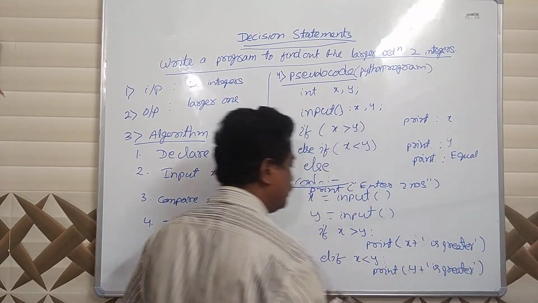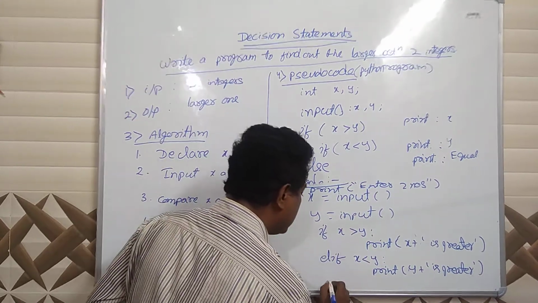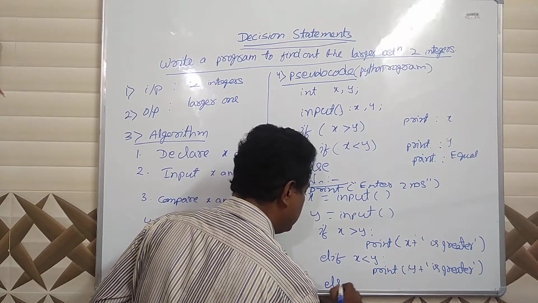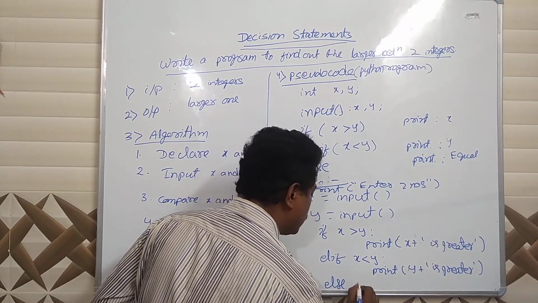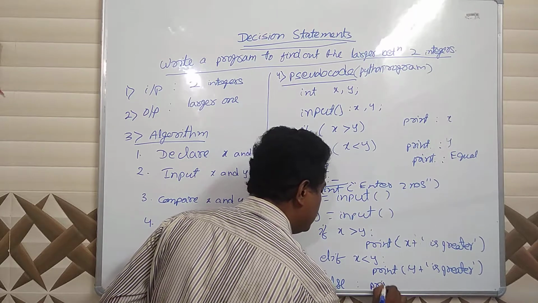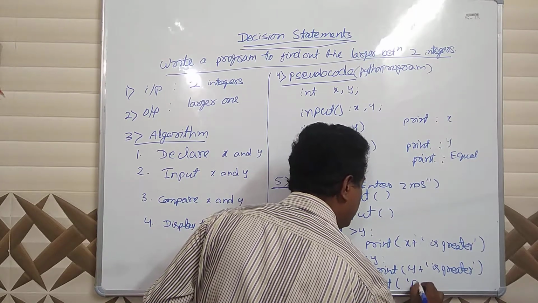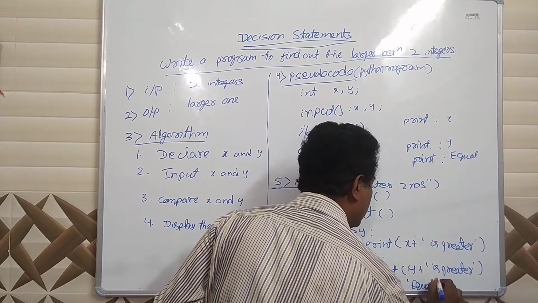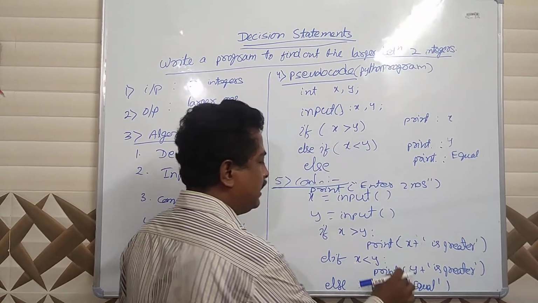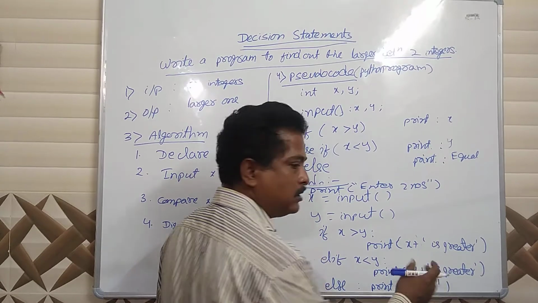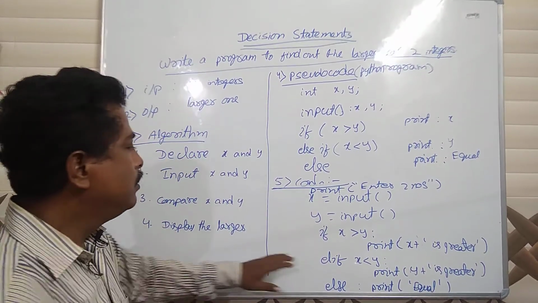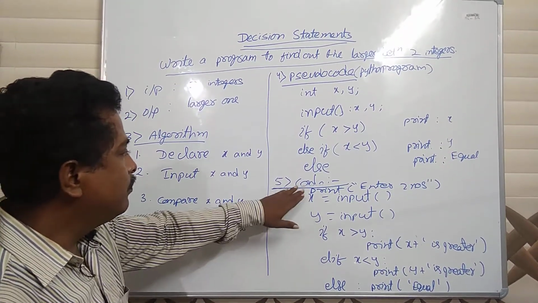Okay, no semicolon, nothing. If two conditions are false, then else. In else, no condition is required, just colon. Print equal. You can write only equal, or you can write x plus and y plus is equal. So this is the Python code.